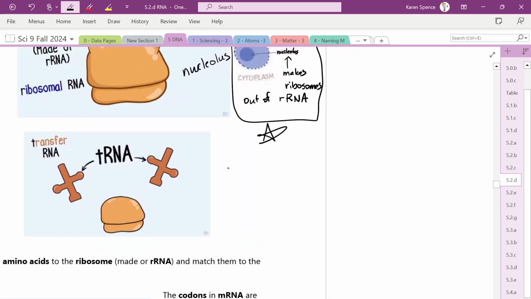You should know that the tRNA brings amino acids to the ribosome.